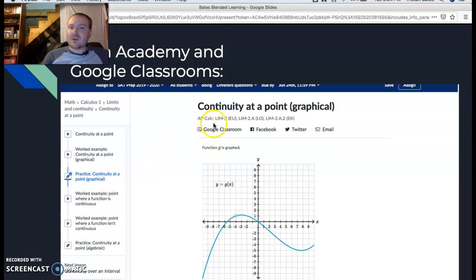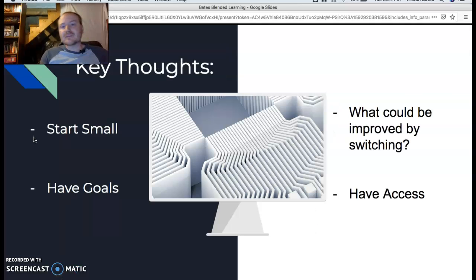Just by clicking that Google Classroom button right there, then it'll ask you which class you would like to share this with. So you can assign stuff on Khan Academy through Google Classroom, which is a really cool connection. So these programs are starting to really interconnect with each other, which will make our work as teachers to create blended or online learning a whole lot easier.